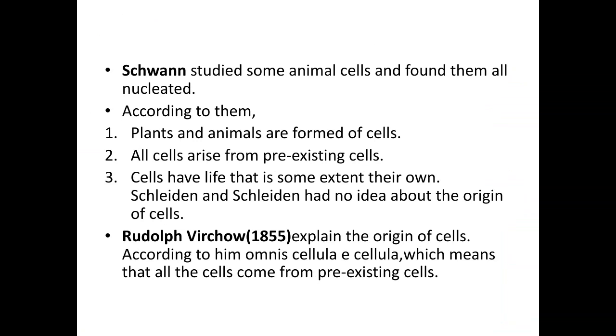Schleiden and Schwann had no idea about the origin of cells. Then the next scientist, Rudolf Virchow, in 1855, explained the origin of cells, and according to him, omnis cellula e cellula, which means that all cells come from pre-existing cells.